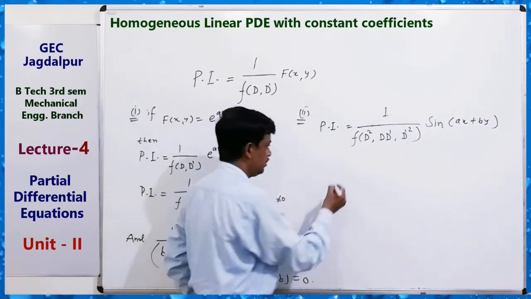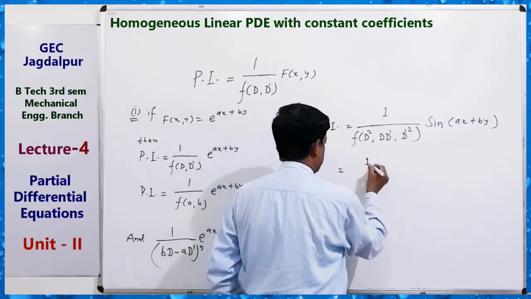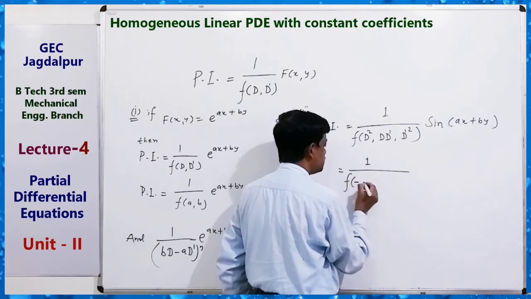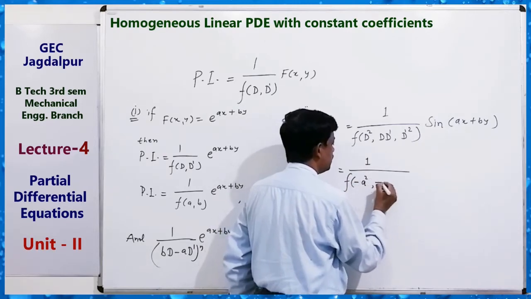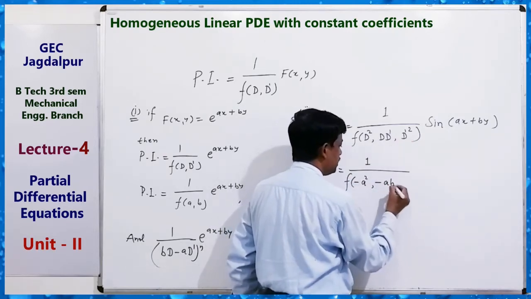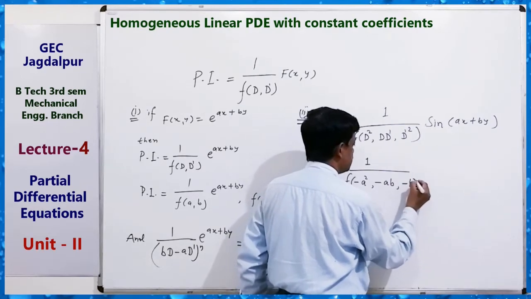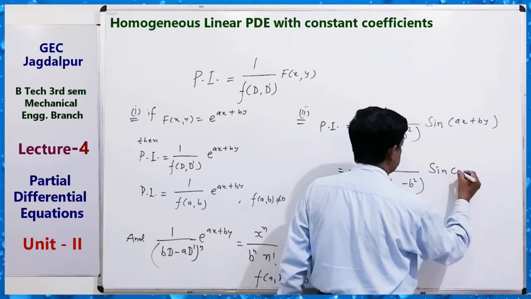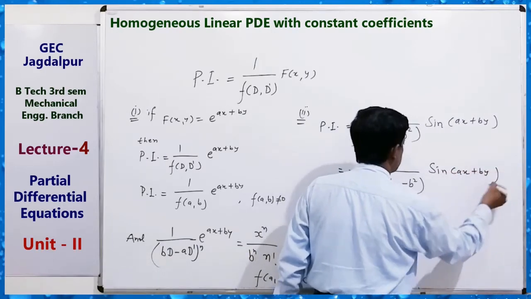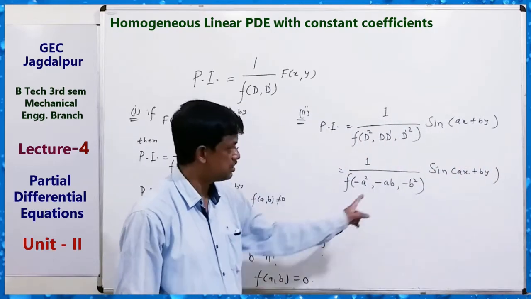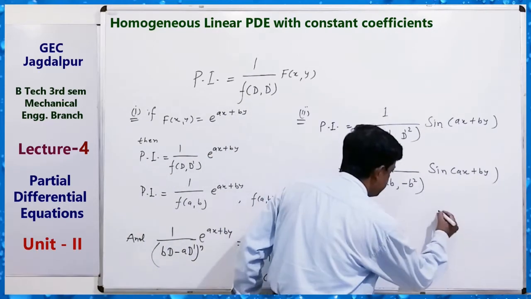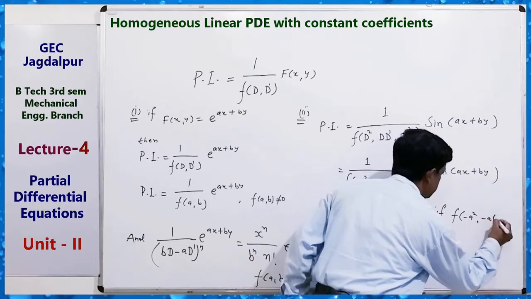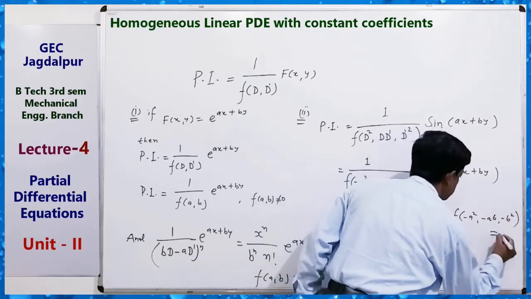Then in place of D squared put minus a squared, in place of DD' put minus ab, in place of D' squared put minus b squared, on sin(ax plus by). This is the solved value, if f(minus a squared, minus ab, minus b squared) is not equal to 0.